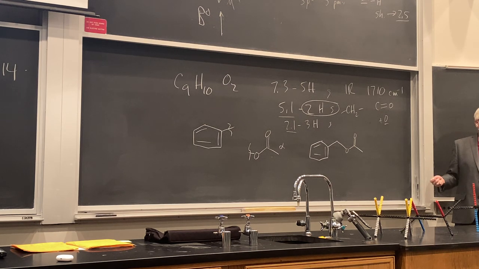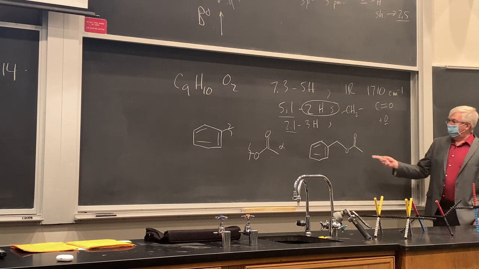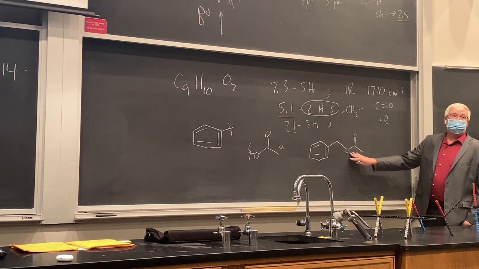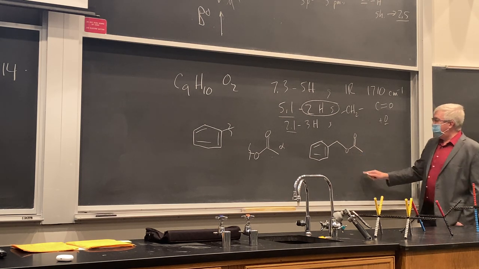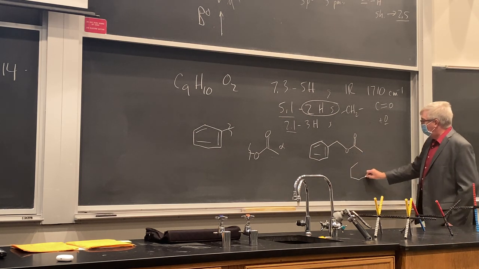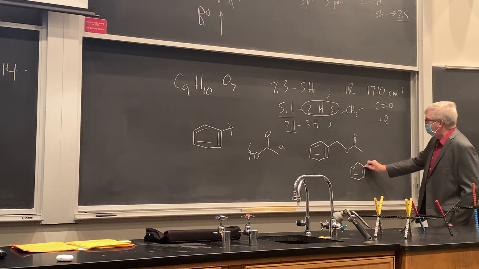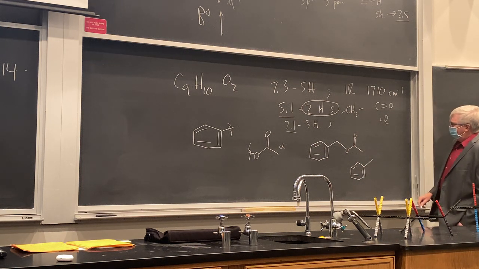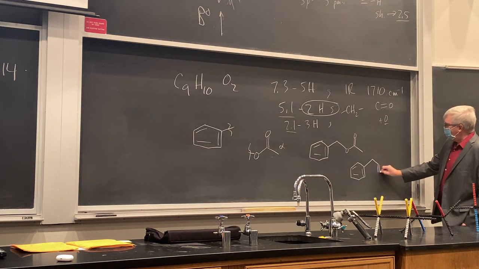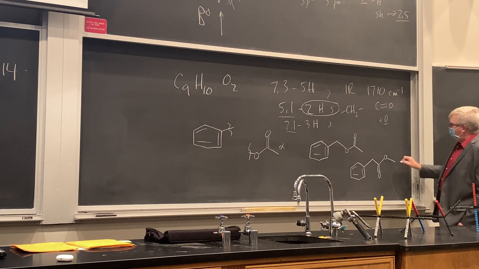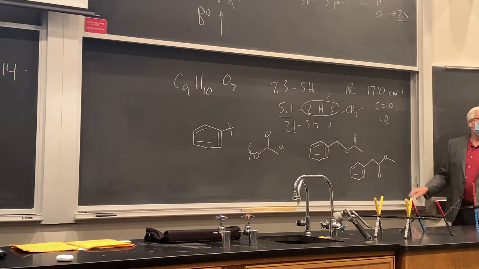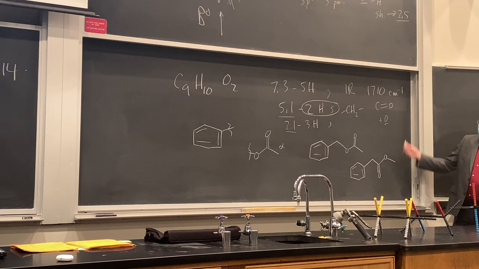Okay, now I kind of jumped ahead and just launched into that. But there are some other ways we could array these and begin to think about that. What about this? If we had this, and then we put the carbonyl there and the methyl group there, okay? That would be the same formula, but would it be the same shifts?